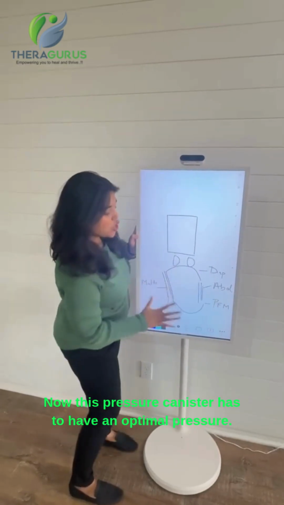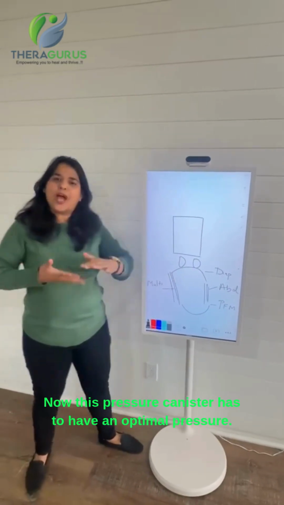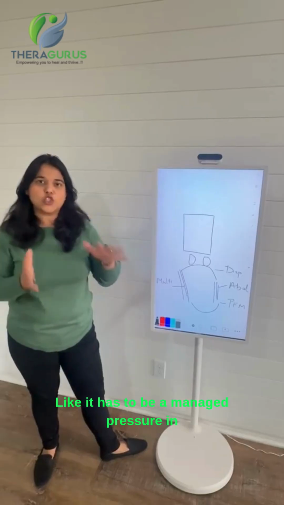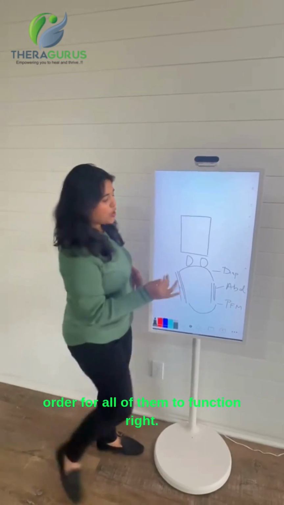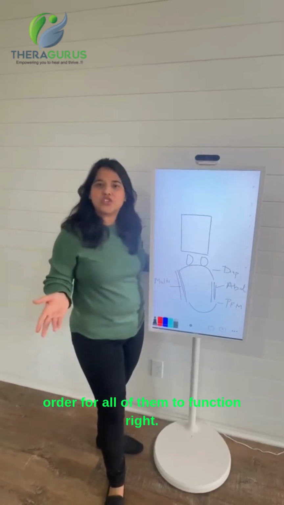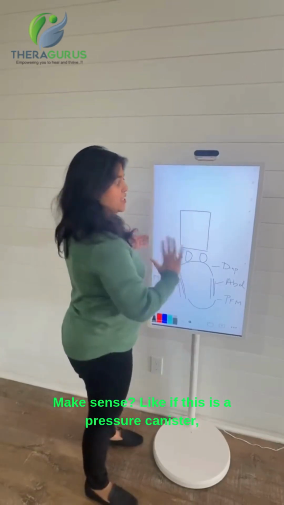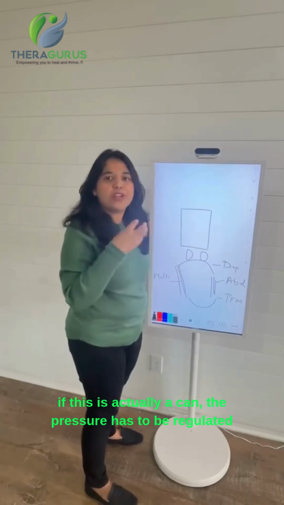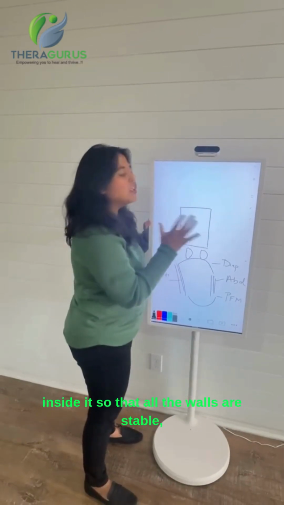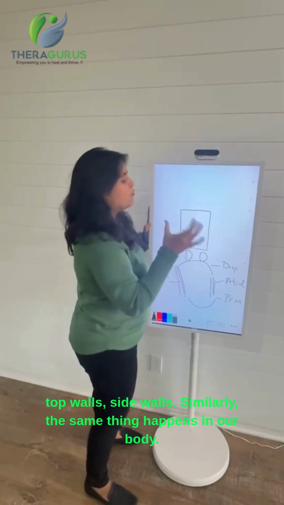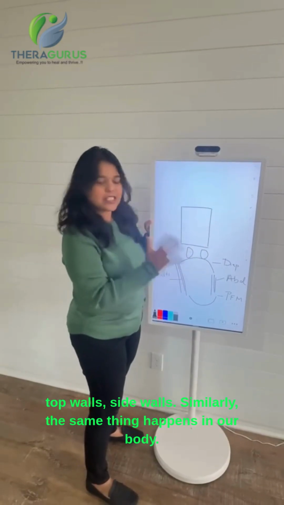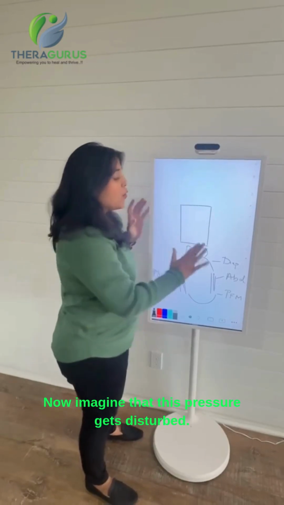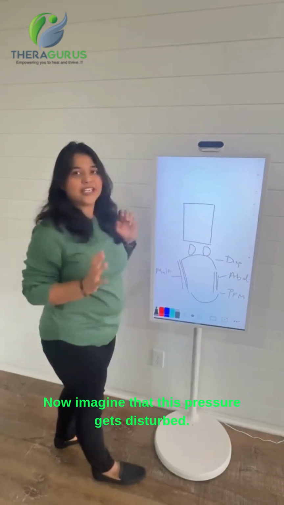Now this pressure canister has to have an optimal pressure. It has to be a managed pressure in order for all of them to function right. If this is actually a can, the pressure has to be regulated inside it so that all the walls are stable, top walls, side walls. Similarly, the same thing happens in our body. Now imagine that this pressure gets disturbed.